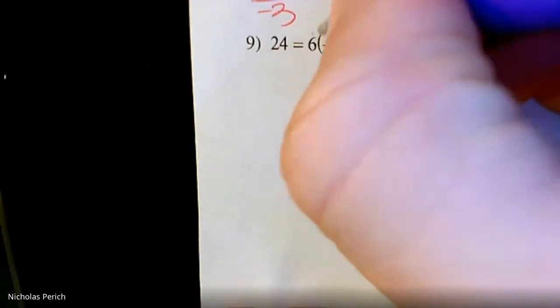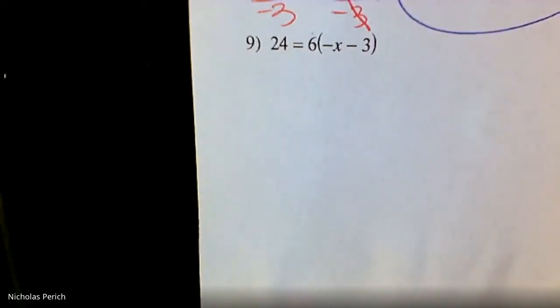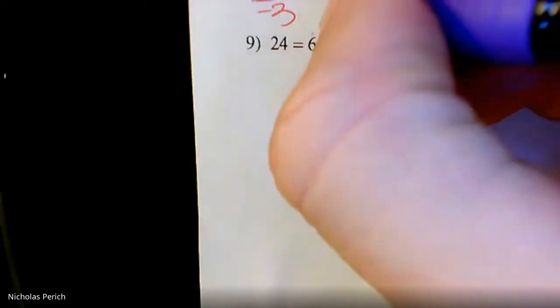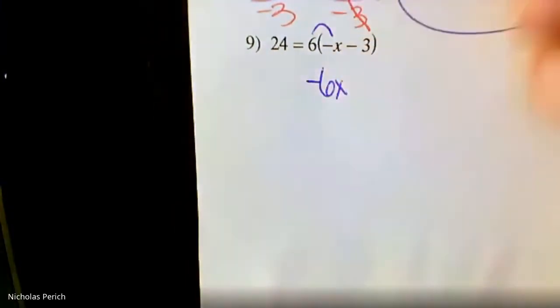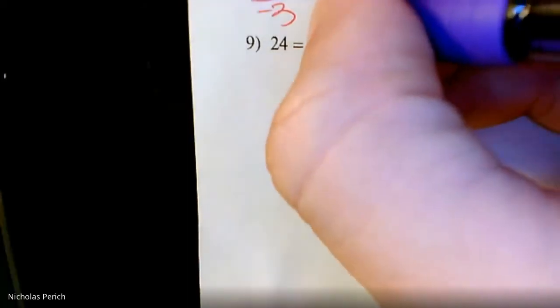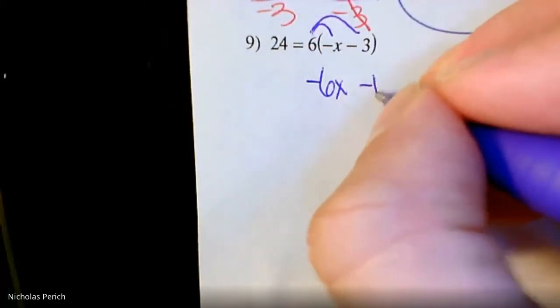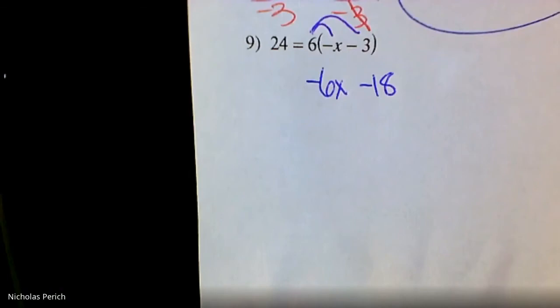6 times a parentheses right there on the right side is distributive property. 6 times negative x is negative 6x. 6 times negative 3 is negative 18 equals 24.